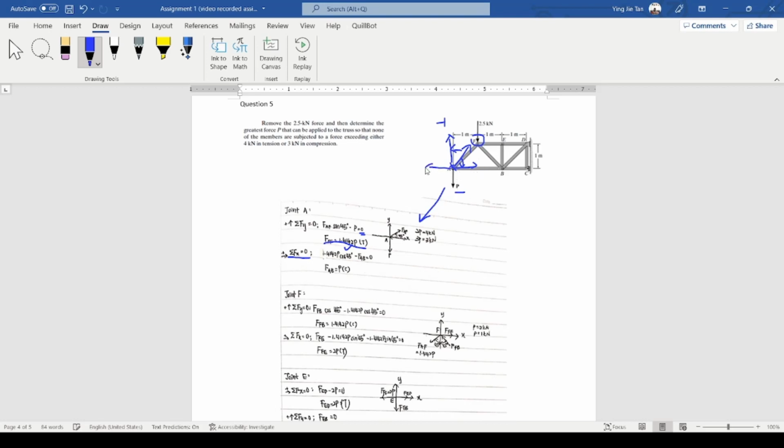FAB will be like here. So here is positive, here is negative. So after you get this one, you get FAB equals P only.